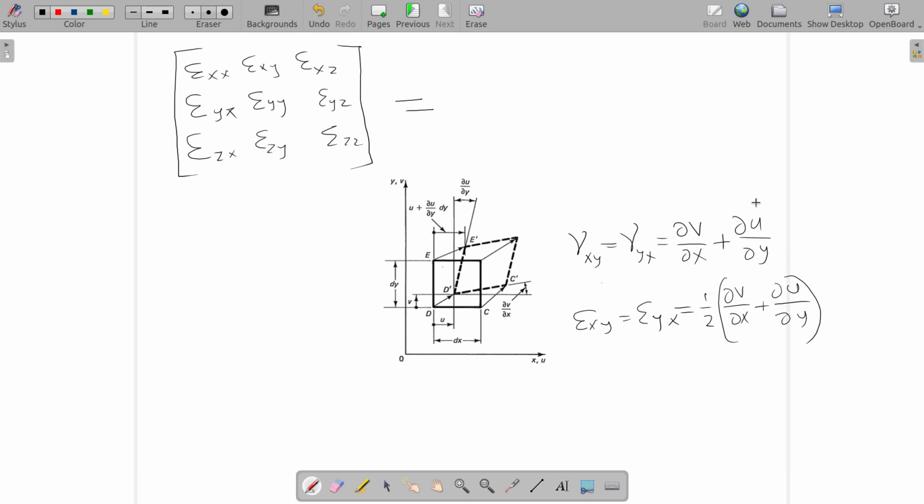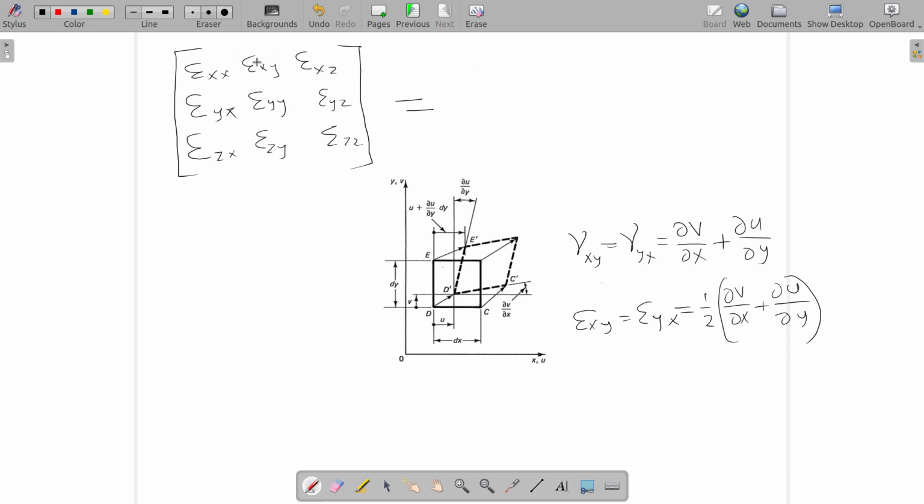But the definition of a shear strain is this one here, which is actually twice the value of this component used here in the strain tensor.